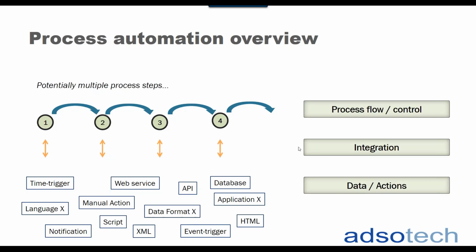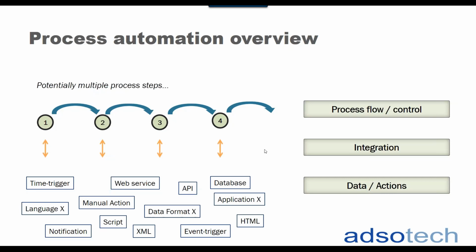Then we have some kind of integration to different systems or to different data. And then at the bottom we have the actual data or actions. We might have different databases, scripts, web services, manual actions, and stuff like that. In this presentation, we will be looking at some different ways that you can utilize Winshuttle in an environment like this, and see what options exist.